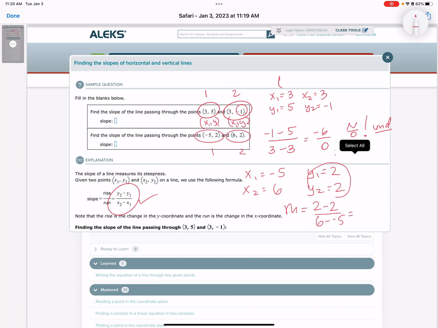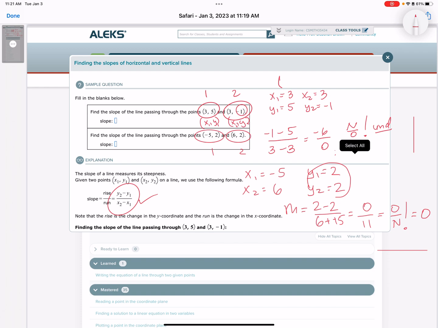Again, it doesn't matter what's on the denominator now because 2 minus 2 is 0. And 0 over any number doesn't matter. It's going to be 6 plus 5 is 11, but it doesn't matter because it's 0 over any number, which is 0, my treadmill. 0 slope, so we know it looks like this. So this one looks like this, and this one looks like this.